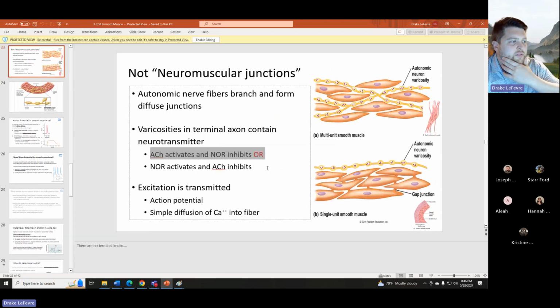Acetylcholine versus norepinephrine. The easiest way to remember that is to think about when you feel like you need to go to the bathroom. Typically it's when you relax, after you've just eaten and your body's digesting, those kind of things.